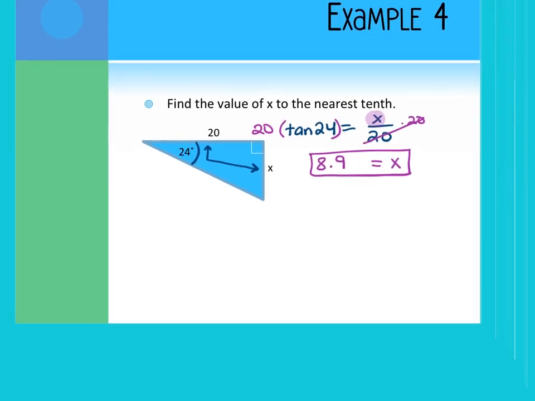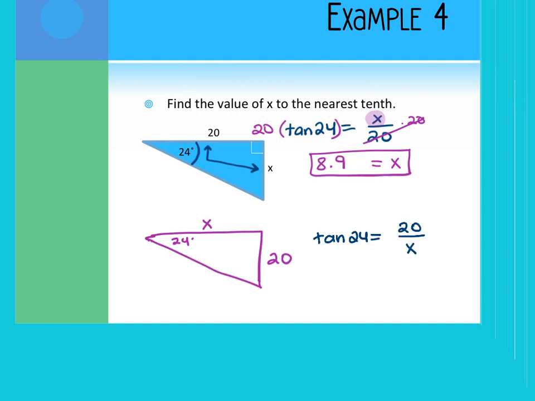Now let's just say that my original triangle was set up almost the same. Let's say it was 24 degrees and x was here and 20 was here. So now when I set that up, 20 is opposite it. So I would say the tangent of 24 equals opposite, which is 20, over adjacent, which is x.